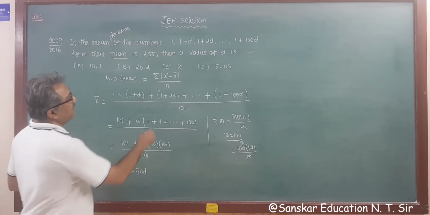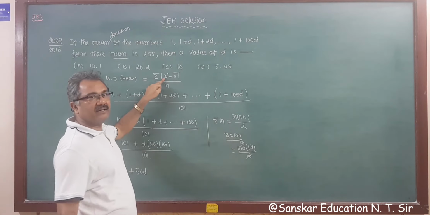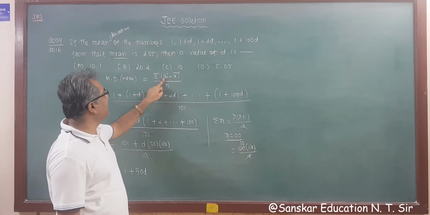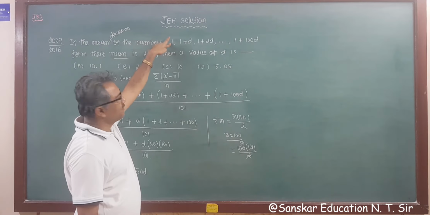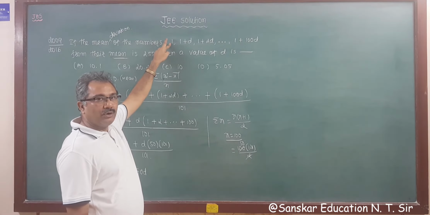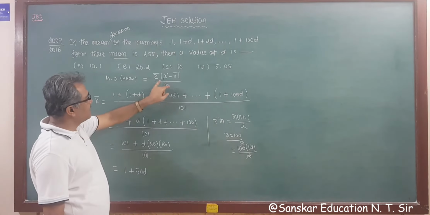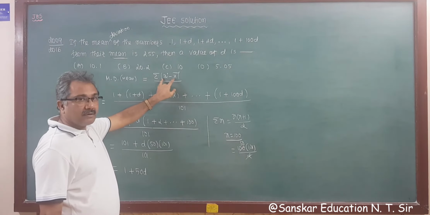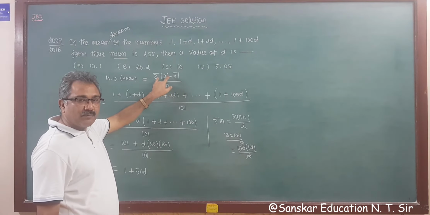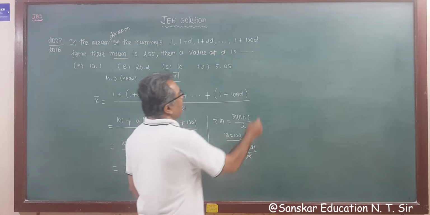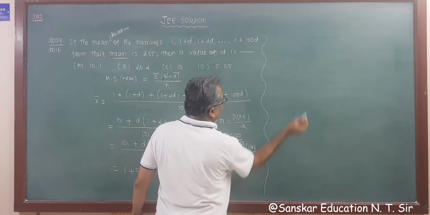Now what we require is xi minus x bar. The first observation is 1. So we have to find the value of the modulus of xi minus x bar.